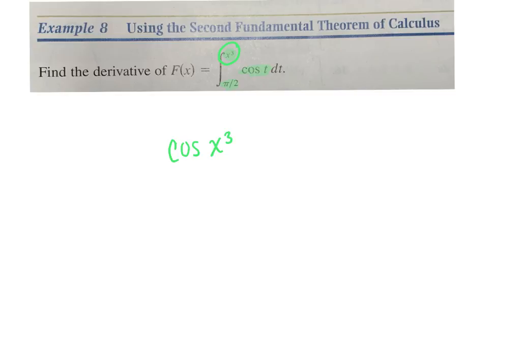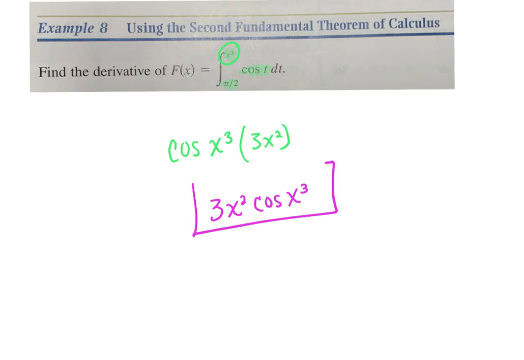And then you have to actually multiply it by the derivative of it. So you have to take the x cubed and take the derivative, which is 3x squared. So my answer for this one is actually going to be 3x squared cosine x cubed. That is the derivative of the antiderivative, which is what they're asking for.